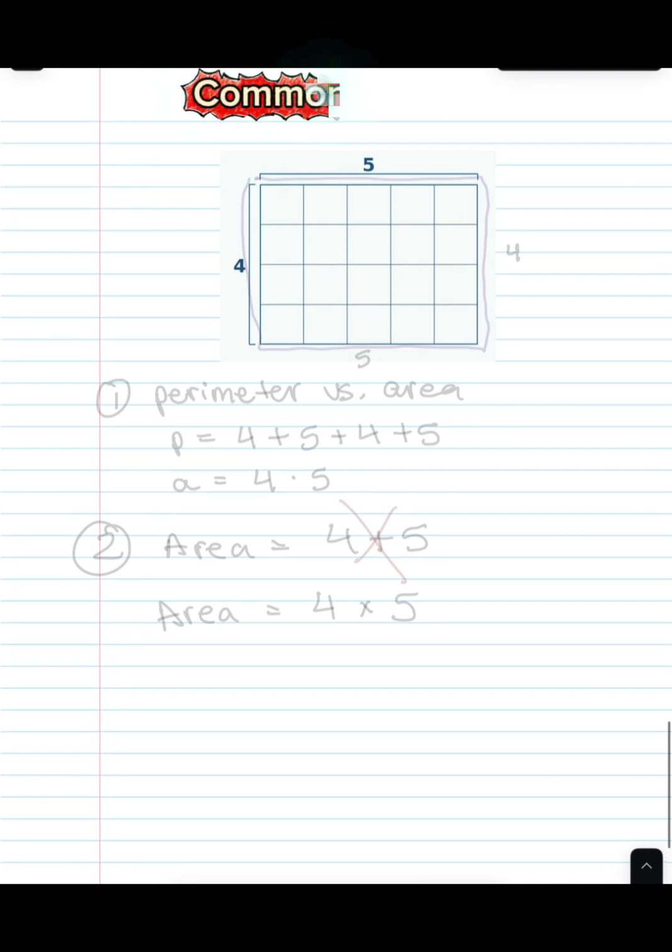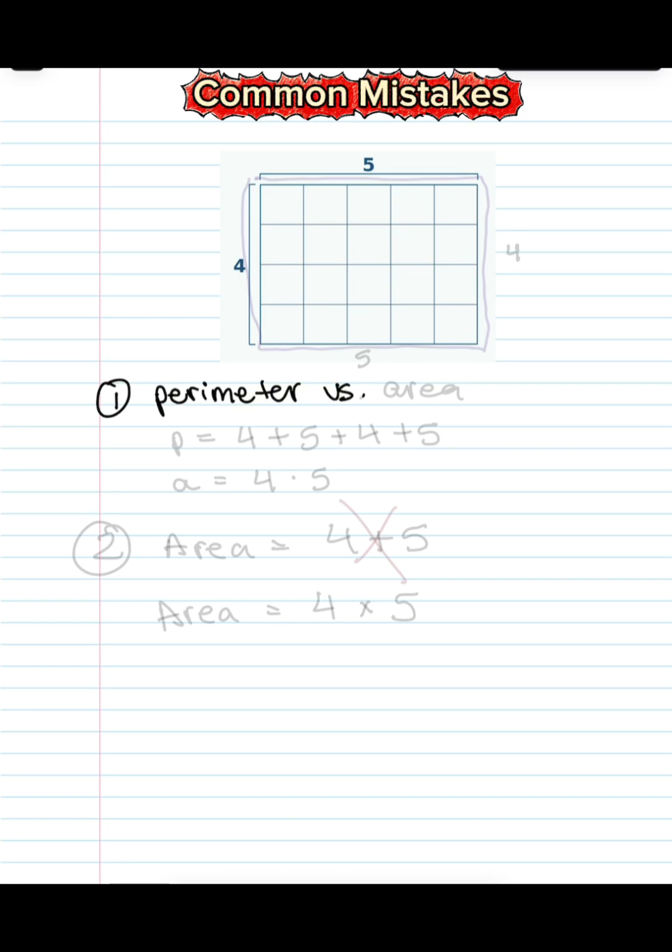I want to talk about some common mistakes, some common misconceptions to watch for. So the first is perimeter versus area. And the perimeter is the length of all the sides. So in this problem, the perimeter would be 4 plus 5 plus 4 plus 5.